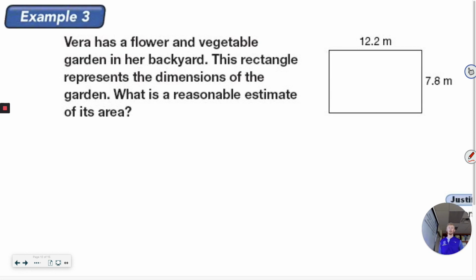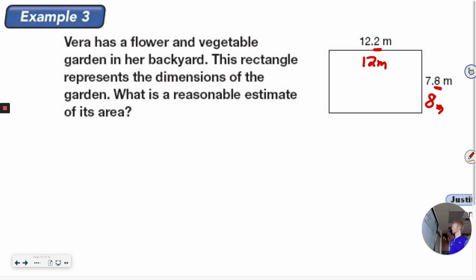All right, Vera has a flower and a vegetable garden in her backyard. This rectangle represents the dimensions of the garden. What is a reasonable estimate for the area? So, 5 or more, raise the score. 4 or less, let it rest. 12.2, I'm estimating, so that's going to round down to 12 meters. And 7.8, 8 is 5 or more, so I'm going to round up from 7.8 to 8.